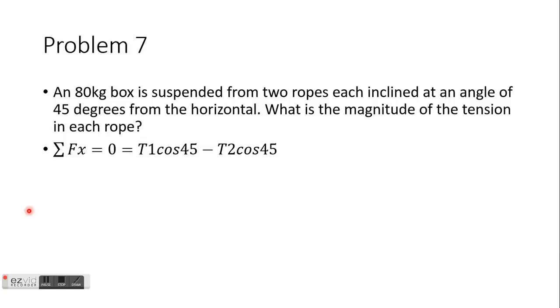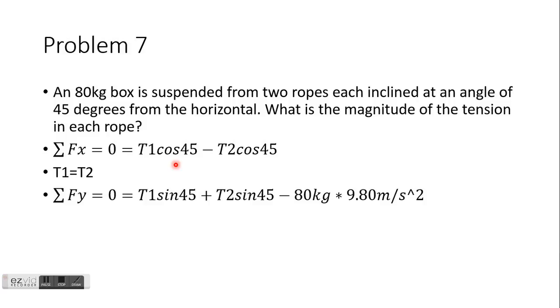So that's going to be a nice little shortcut. So the sum of the forces in the x direction is equal to 0. So it's equal to the first tension times the cosine of 45 degrees minus the second tension times the cosine of 45 degrees. If we solve for T2, we could say that T1 equals T2 because the cosines would cancel, and so it's just T1 equals T2. That will be helpful because now we only have to solve for one.